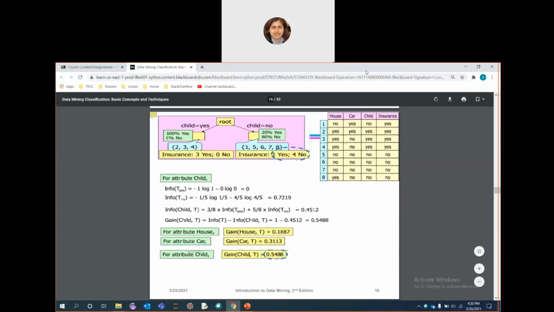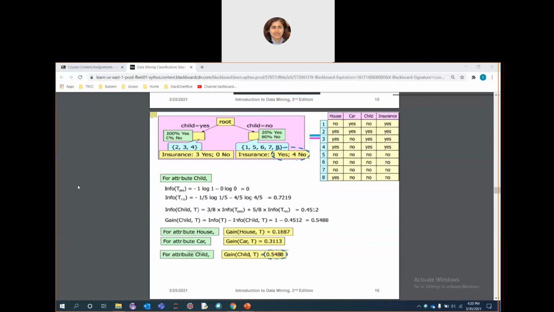And for the attribute child, total no's: how many no's? 5 no's. Out of 5 no's, only one is associated with yes, so 1 by 5, and 4 no's are associated with no, so 4 by 5.